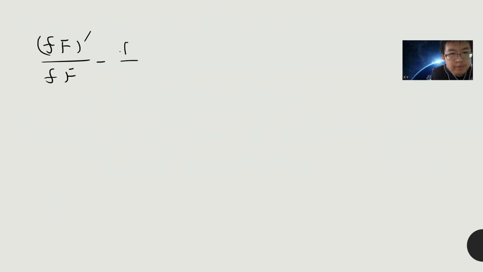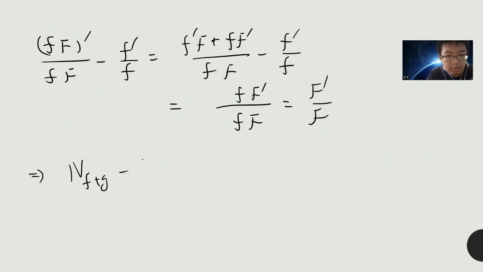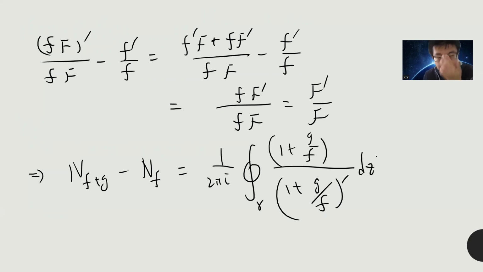Let's calculate this term, using the Leibniz differentiation rule. It gives you F'/F plus f'/f, minus f'/f. That means N(f+g) minus N(f) equals 1 over 2 pi i times the integral over gamma of the derivative of (1 plus g/f) divided by (1 plus g/f) dz. And we want to show this is 0.